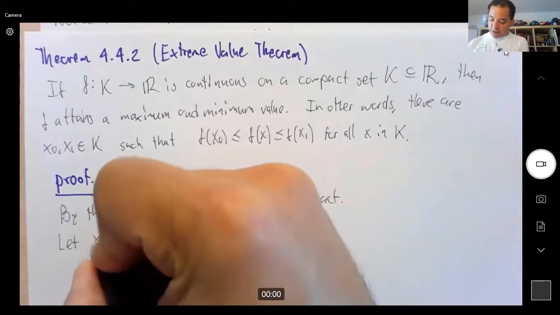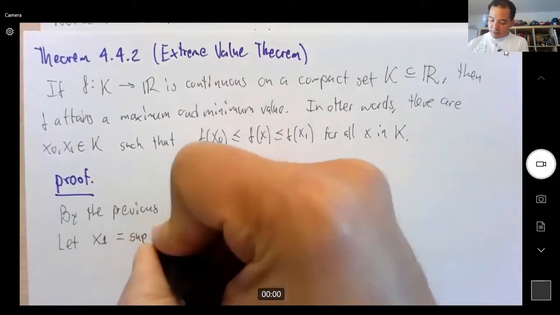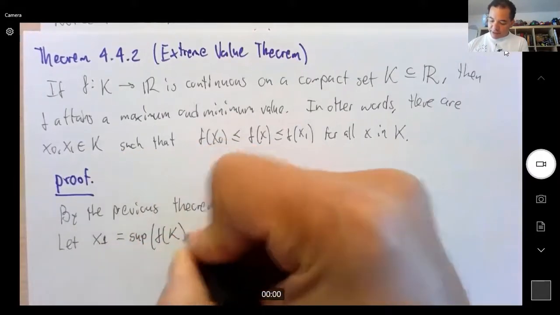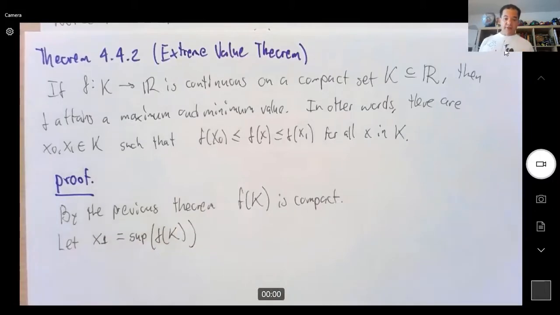Let y1 be the supremum of f of K, right? So that's the supremum. And then, well, we had an old problem that said that if you have a compact set, both the supremum and the infimum belong to the set. And when the supremum belongs to the set, then it's the maximum. And when the infimum belongs to the set, then it is the minimum, right?